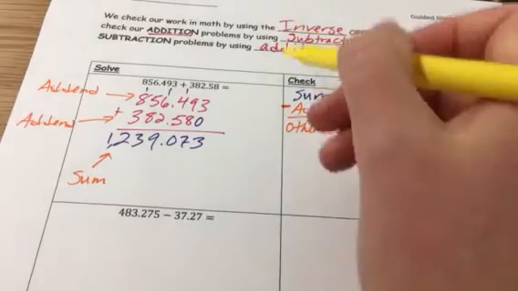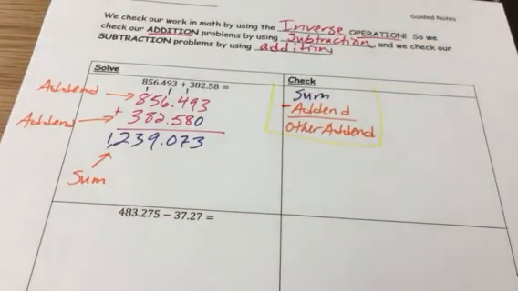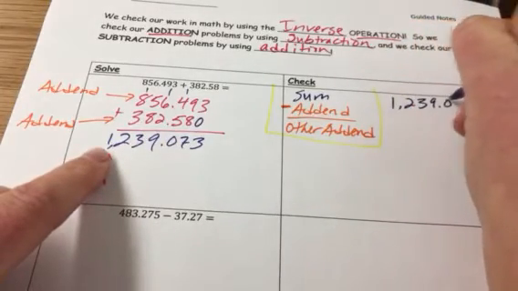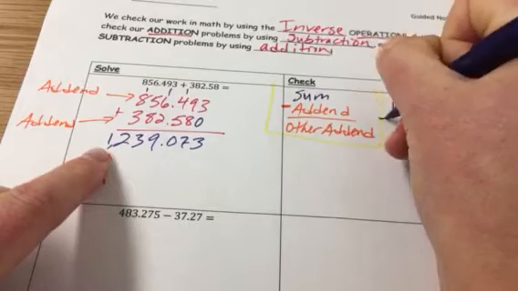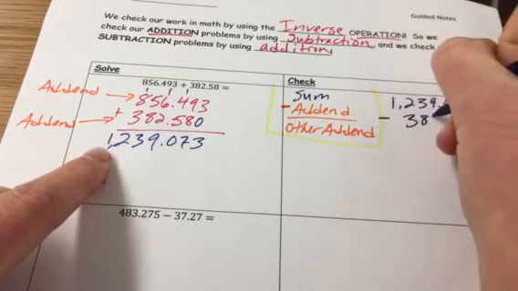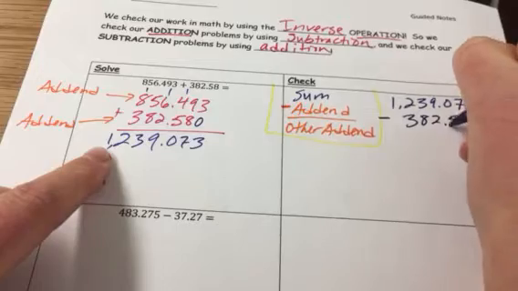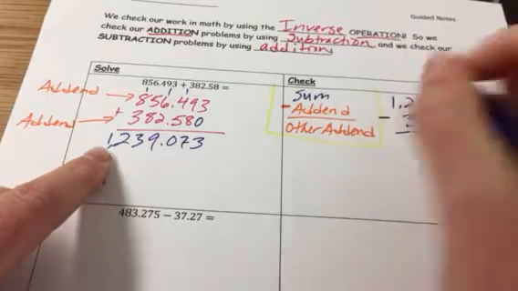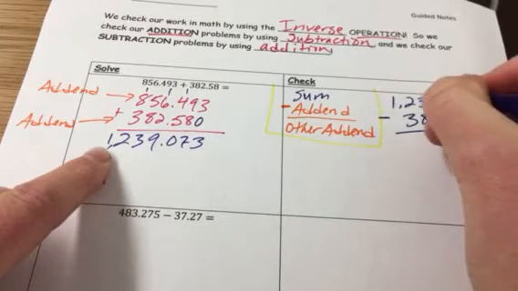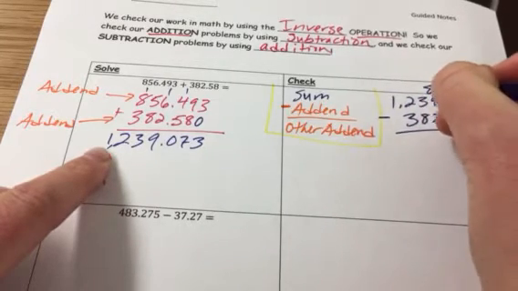So let's go ahead and check our work now. I'm going to take my sum, which was 1,239 and 73 hundredths. I'm going to subtract, let's take the bottom number, 382 and 58 hundredths. And I'm hoping to get back to the top number. I need to regroup here.